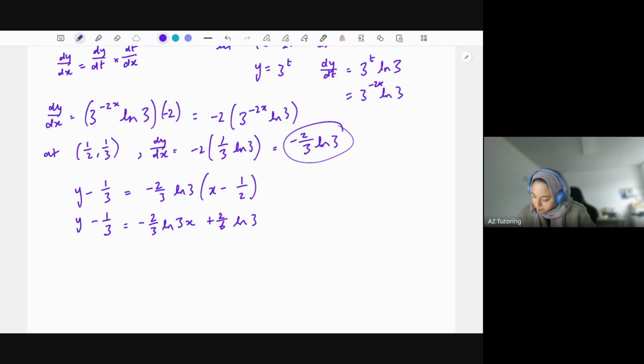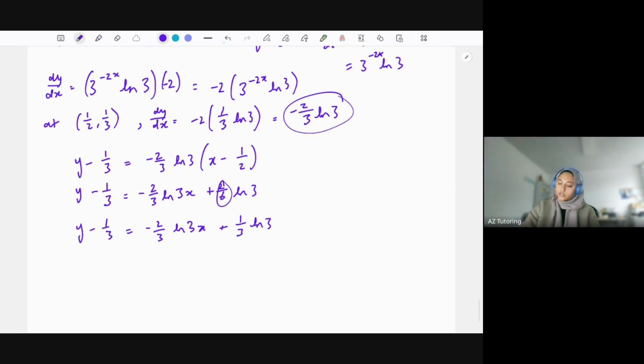Just double check that. And then we get y minus a third equals minus 2/3 ln 3x plus, that simplifies to a third ln 3. I've just simplified that fraction.